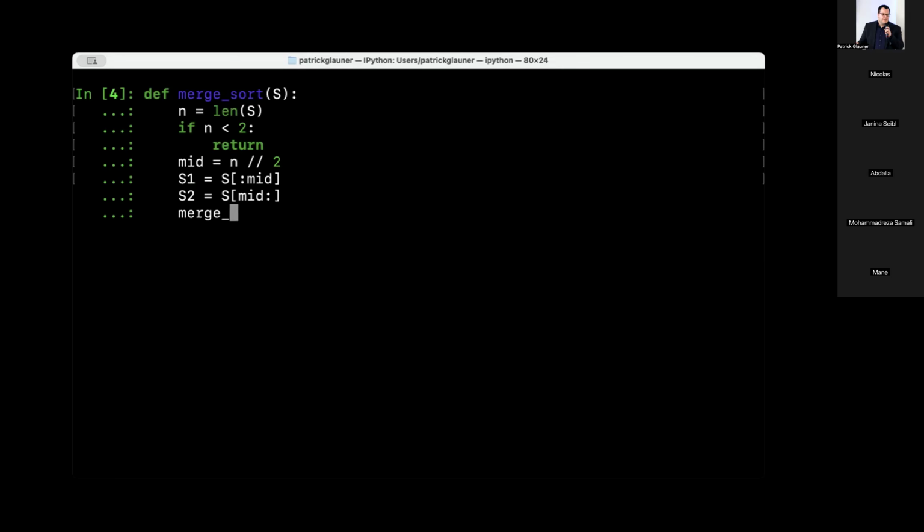And now we need recursion, we need merge sort. I am splitting S into S1 and S2, and it's divide and conquer. I'm unable to sort S1 and S2 directly, so let's use divide and conquer so that S1 is sorted, S2 is sorted, and all I want to do is merge S1 and S2 into S, the original parameter.